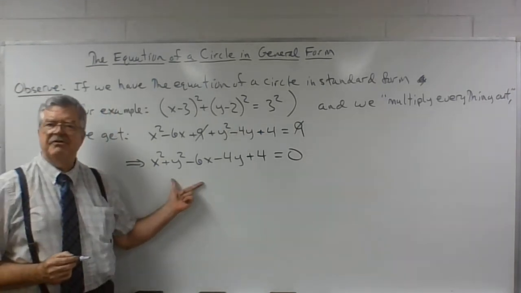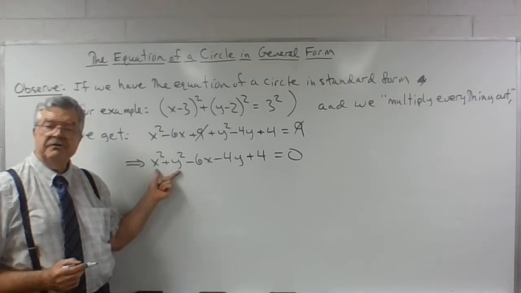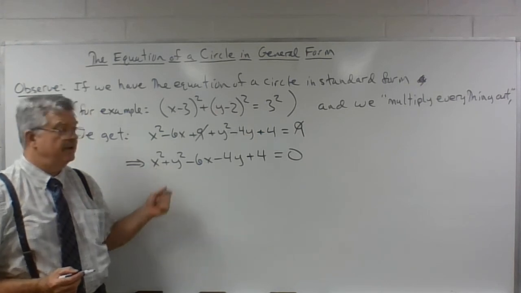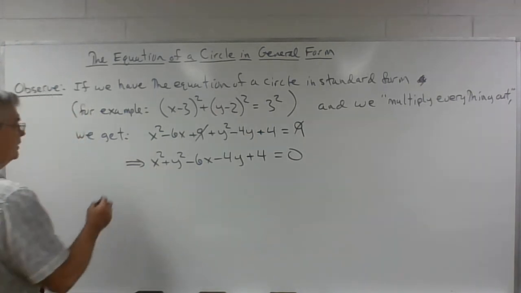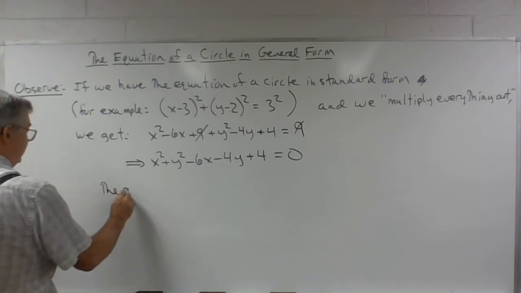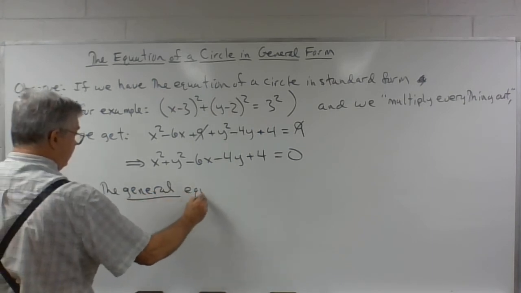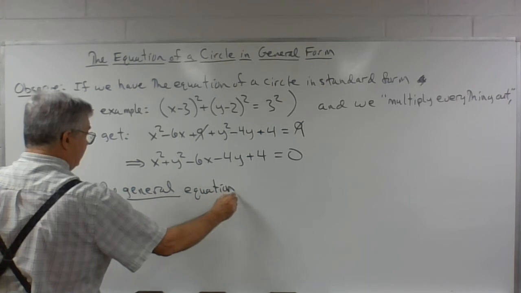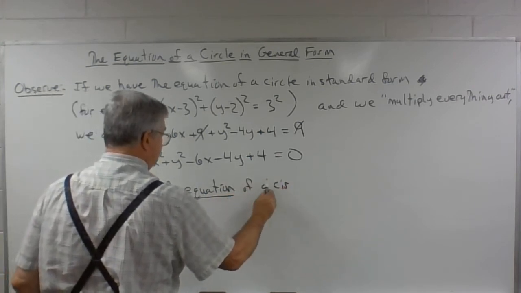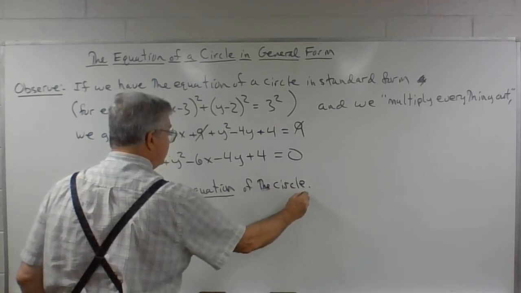I have this equation which really doesn't tell me very much other than it looks like it's a circle because I have an x squared and a y squared here. We get the general equation of the circle.